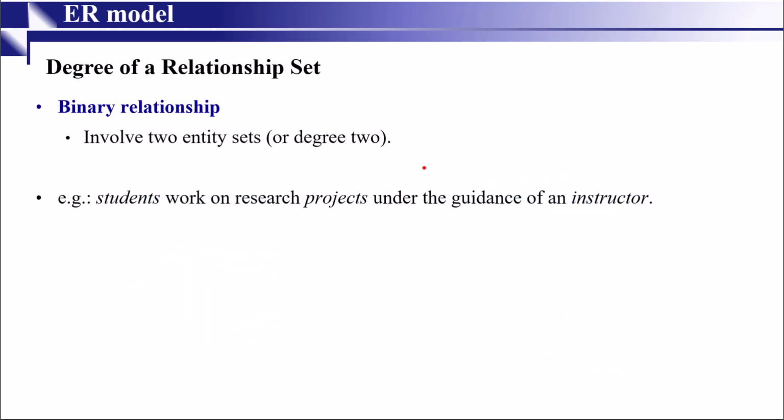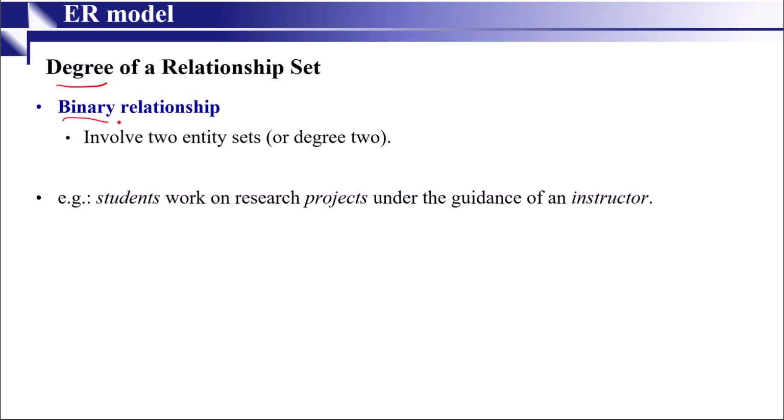Then relationships vary in terms of degree. A binary relationship involves two entities. Then we can say like a student and project guided by a professor. Then we may have higher degree relationships like ternary, etc. These are less common but equally important.